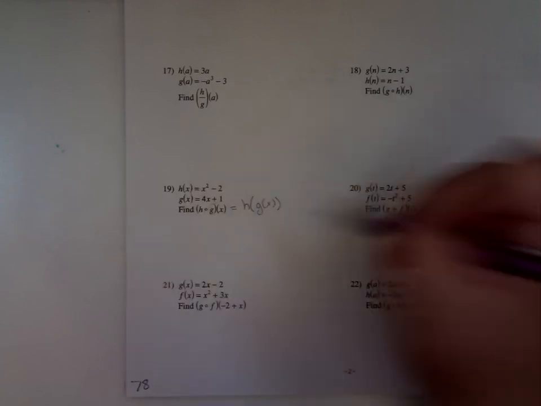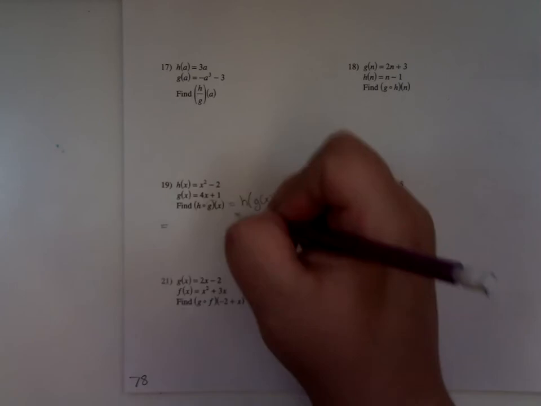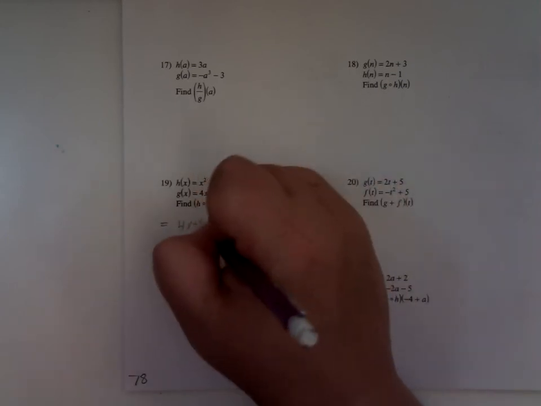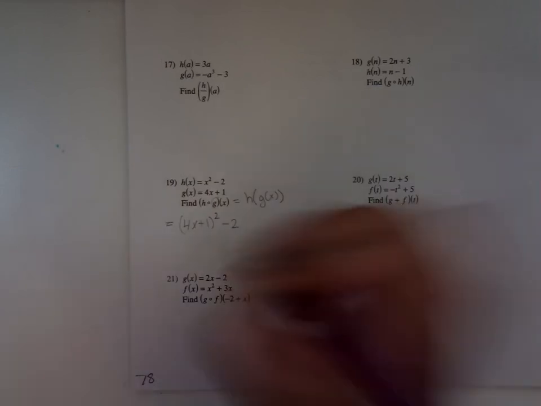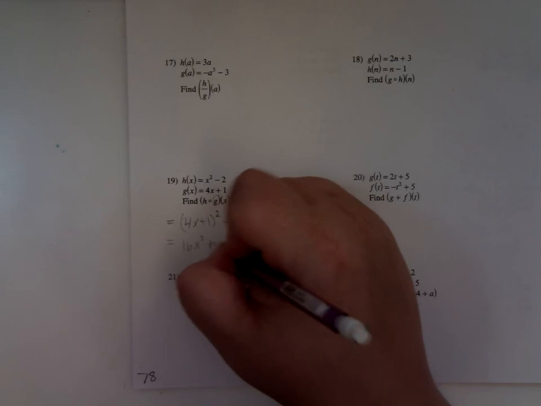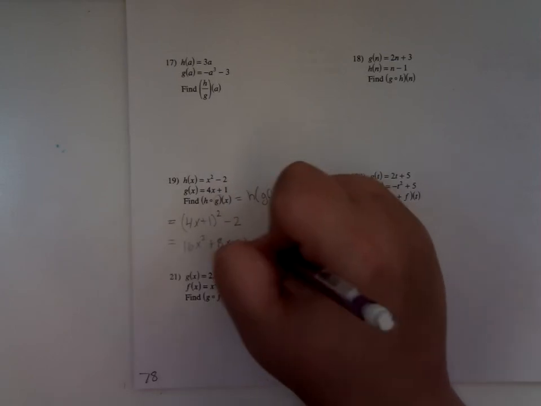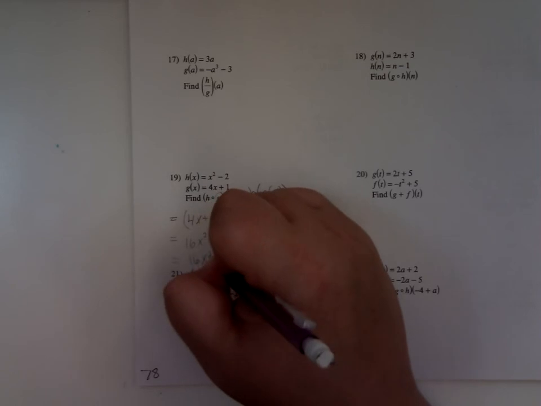So h of g of x is going to be 4x plus 1 all squared, and then minus 2. So we've got 16x squared plus 8x plus 1 minus 2. So we end up with 16x squared plus 8x minus 1.